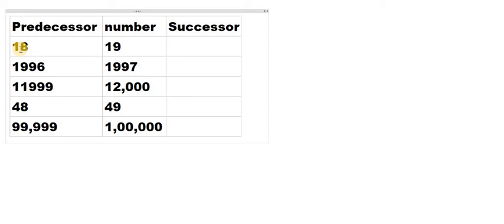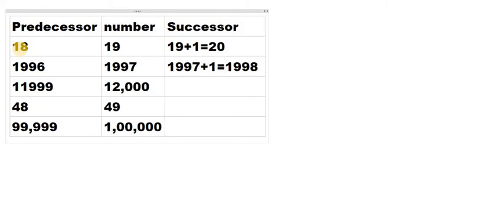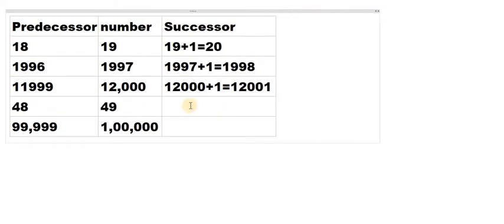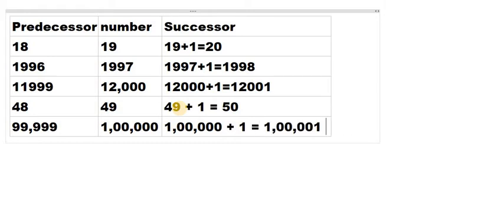And now we will move on to the successors. As we already know, successor is nothing but the next number. That is 19 plus 1 is equal to 20. In the same way, 1997 plus 1 is equal to 1998. 12,000 plus 1 is equal to 12,001. 49 plus 1 is equal to 50. 1 lakh plus 1 is equal to 1 lakh 1.